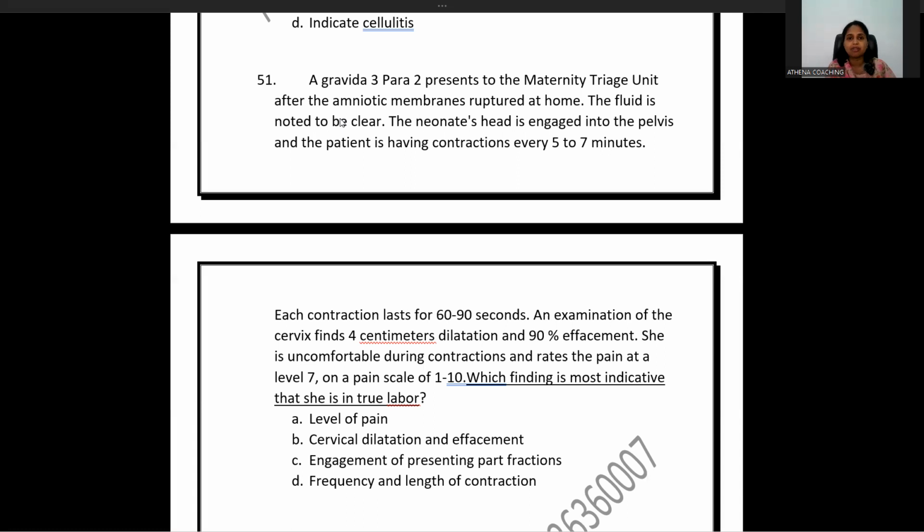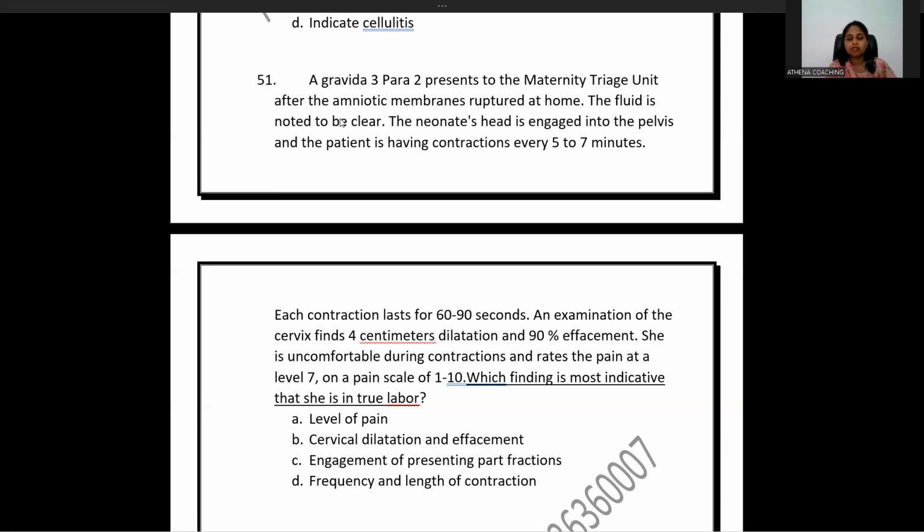This is absolutely normal. And the client's head is engaged and she is having contractions every 5 to 7 minutes, which is almost a good contraction. Each contraction lasts for 60 to 90 seconds. That is also a clear indicator of true contraction, which is a very strong contraction.